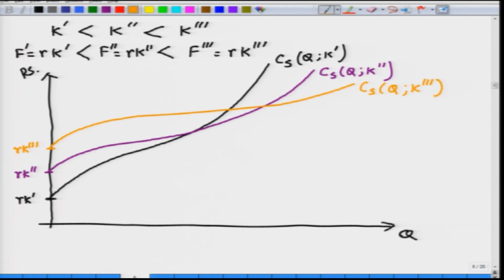Okay. Now, the thing which is obvious is a higher level of capital implies a higher fixed cost. What is not obvious is why the short run cost curve becomes a lot flatter as the level of capital keeps increasing. Now, to answer that question, think of what happens when the level of capital increases from k prime to k double prime.